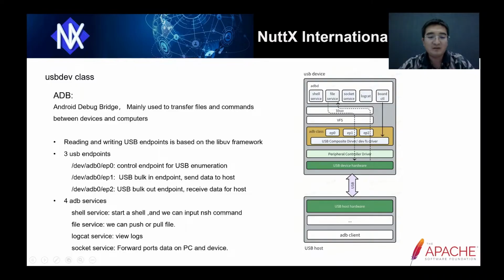Socket service is used to map the host port and the device port, commonly used to debug device services. ADB requires 3 endpoints. They are endpoint 0, bulk out endpoint, and bulk in endpoint.